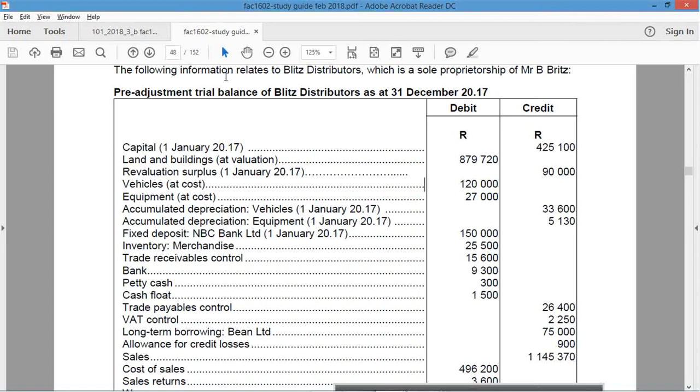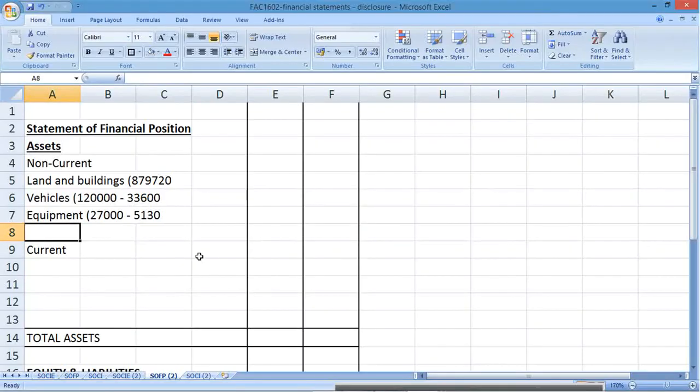It's not an expense. It's an asset. Which one? Non-current or current? Non-current because it's longer than 12 months. So where would you put it? It will be under the non-current assets.